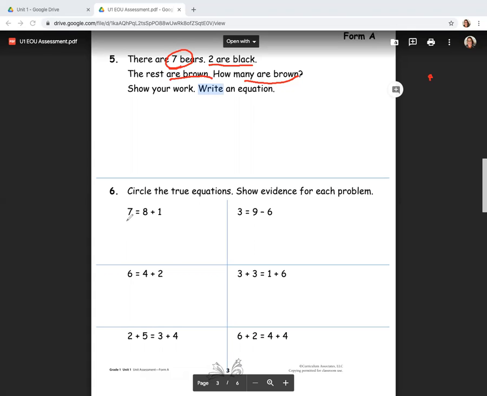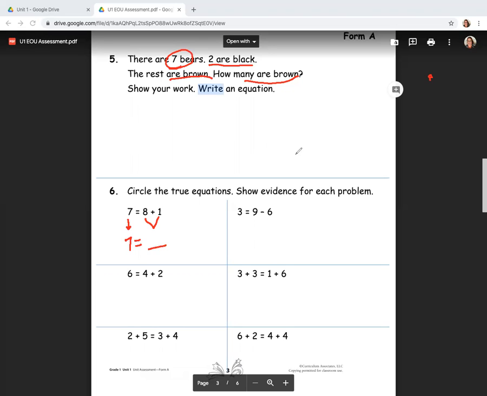Here you have 7 equals 8 plus 1. Go ahead and solve under here. Okay. The first one, you're going to write 7 is equal to. Solve for 8 plus 1. Put the total here.